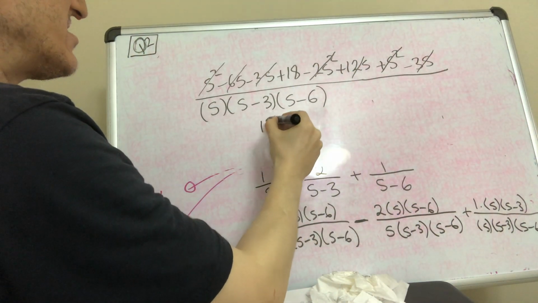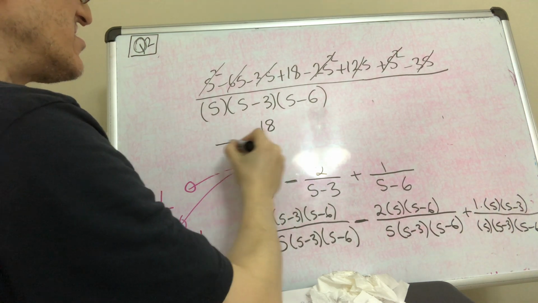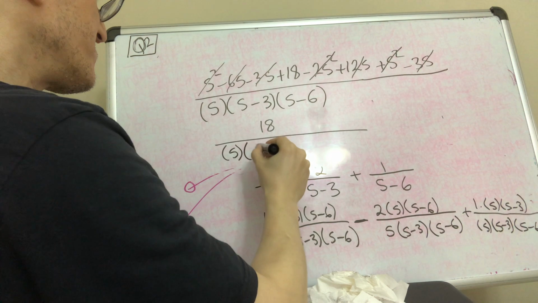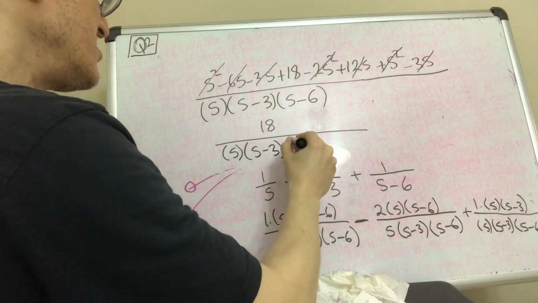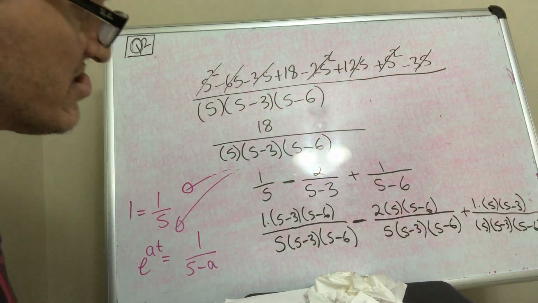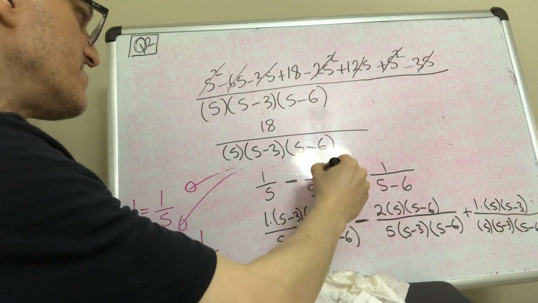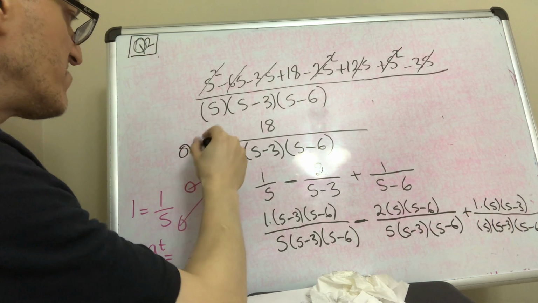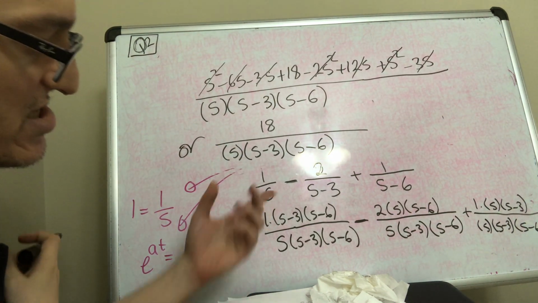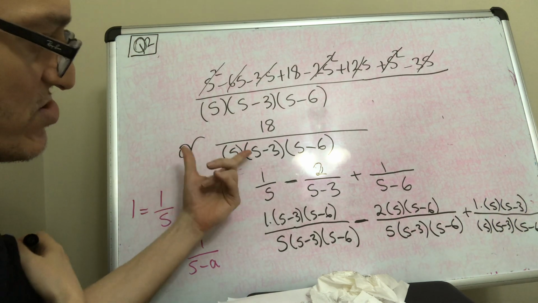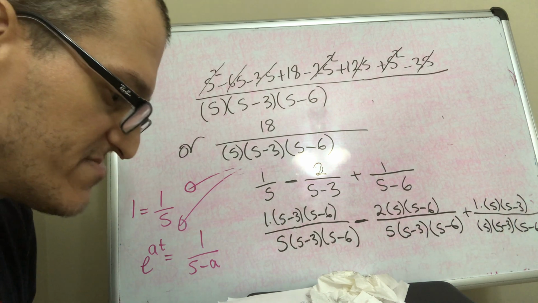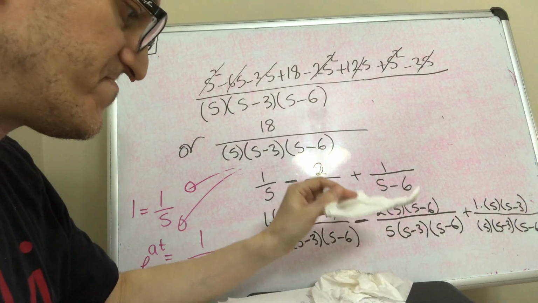So your final answer for the expansion is 18 over s, s minus 3, and s minus 6. So you could leave it like this, but again, in Laplace we prefer, if it's easy, to combine them into one fraction. Good? Okay, so number 3.